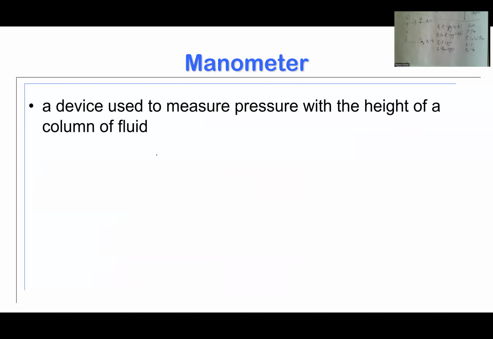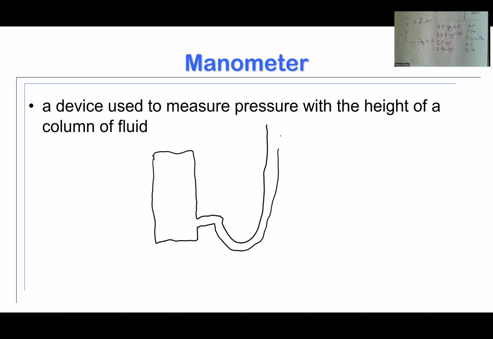So a manometer is a device that uses the phenomena of a pressure change in a column of fluid to measure pressure, right? So let's say that I've got some sort of gas contained in some sort of a tank or a vessel. And then I've got some sort of a liquid in this tube.